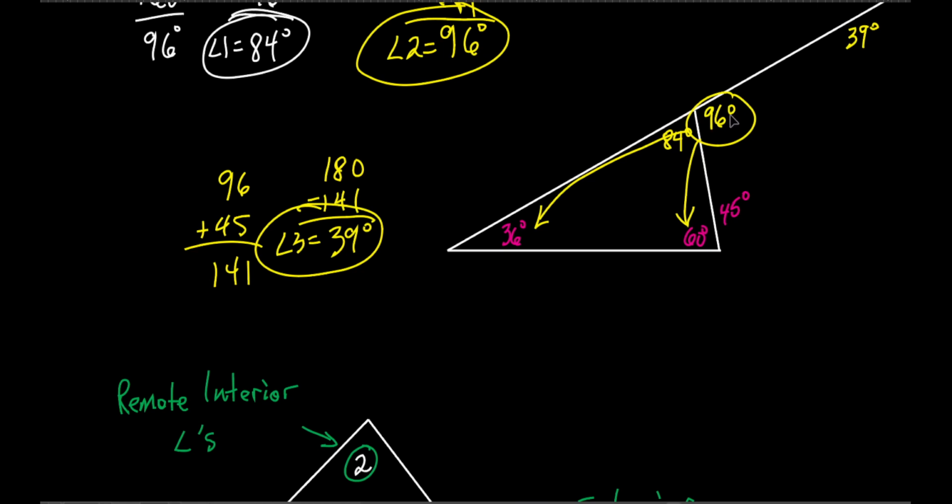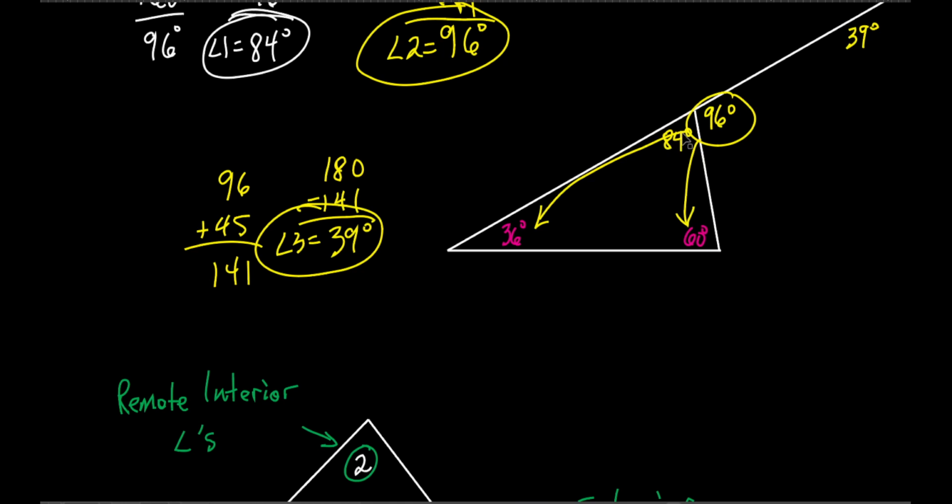How did I find the exterior angle? I found the sum of the what? The remote interior angles. Which ones are the remote interior angles in this triangle? The 36 and the 60, that's right. Not the 45, that 45 done. That was from something else, okay? So the 96 should equal what? The sum of the remote interior angles. These two are the ones that are not next to it, right?